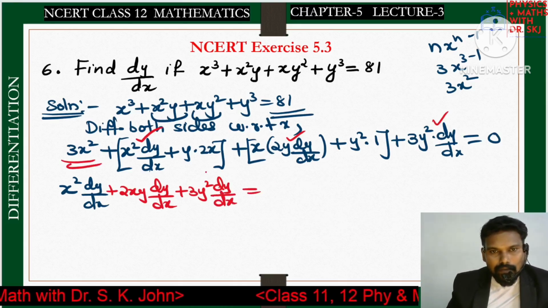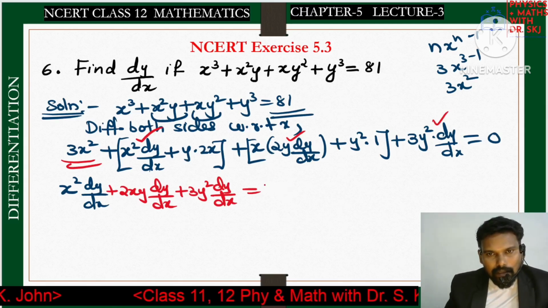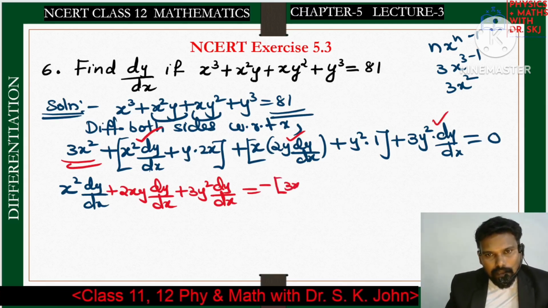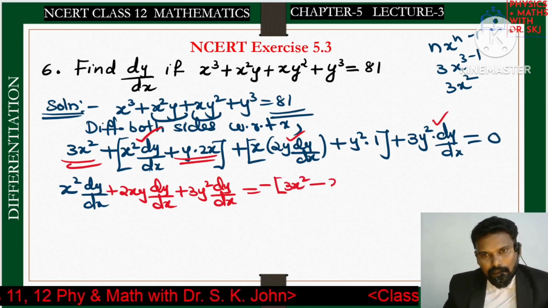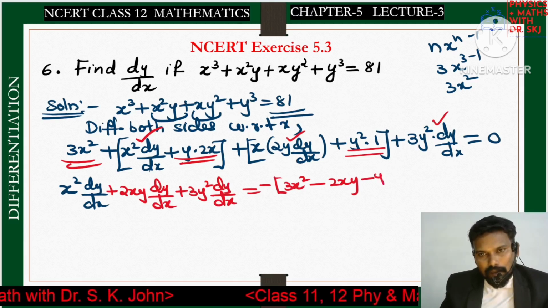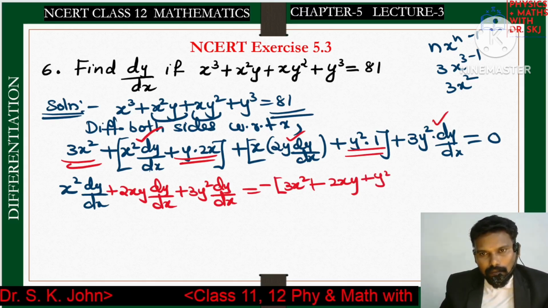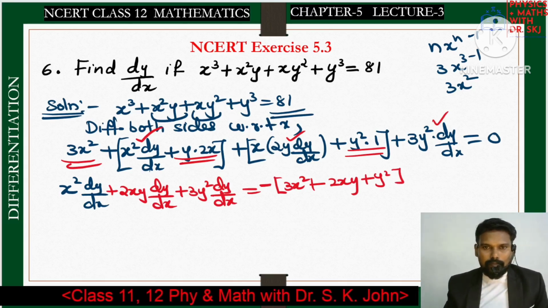On the right hand side, we can take all other terms to the right hand side, minus 3x square, or we can write minus of 3x square, and this term also is minus when taken to the right hand side, 2xy. We have this term minus y square. Sorry, all the terms become plus because I have taken minus outside.